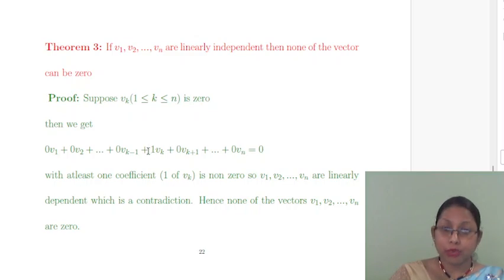Then with at least one non-zero coefficient, 1 of bk, this set of vectors will be linearly dependent, which contradicts the fact that these vectors are linearly independent. Hence none of these vectors is 0. As we have considered that one of the vectors is 0, we get a non-zero coefficient, which is a contradiction. Therefore none of the vectors b1, b2 up to bn are 0.